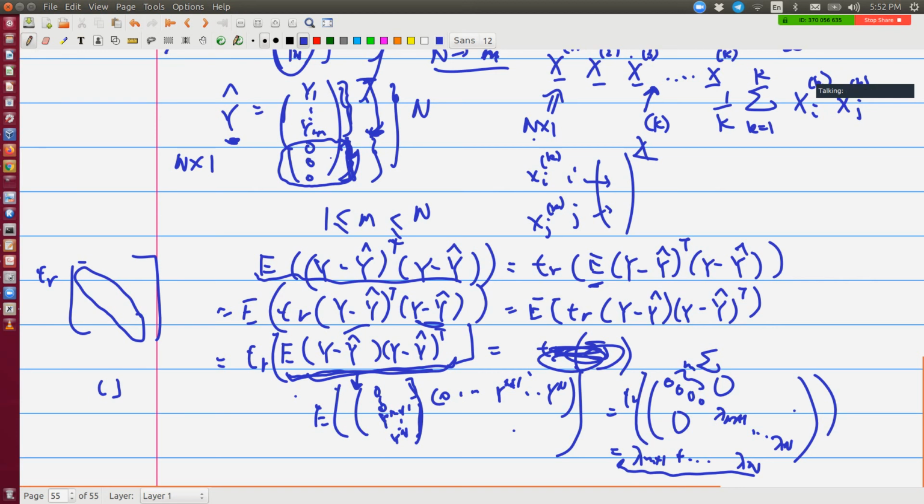So if we put more zeros in here, the result will be bigger. But for a good comparison, you should keep the same dimension, right?